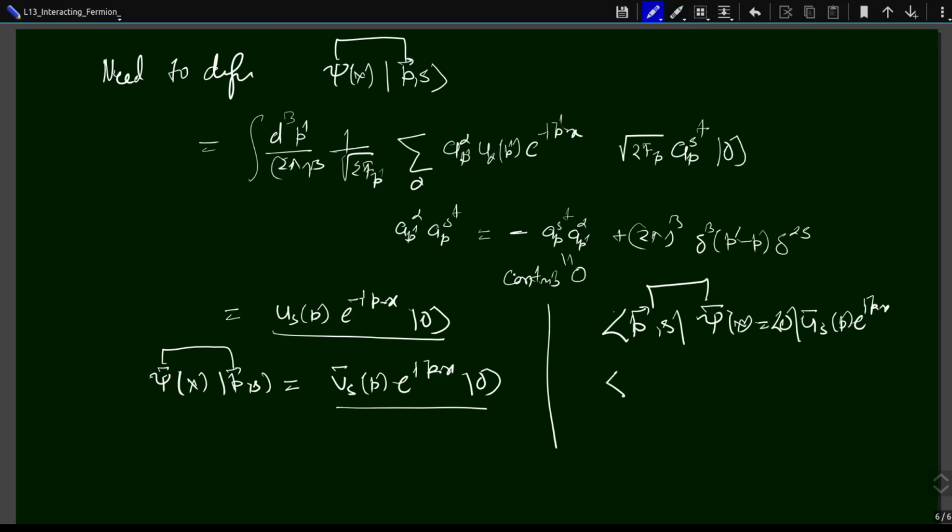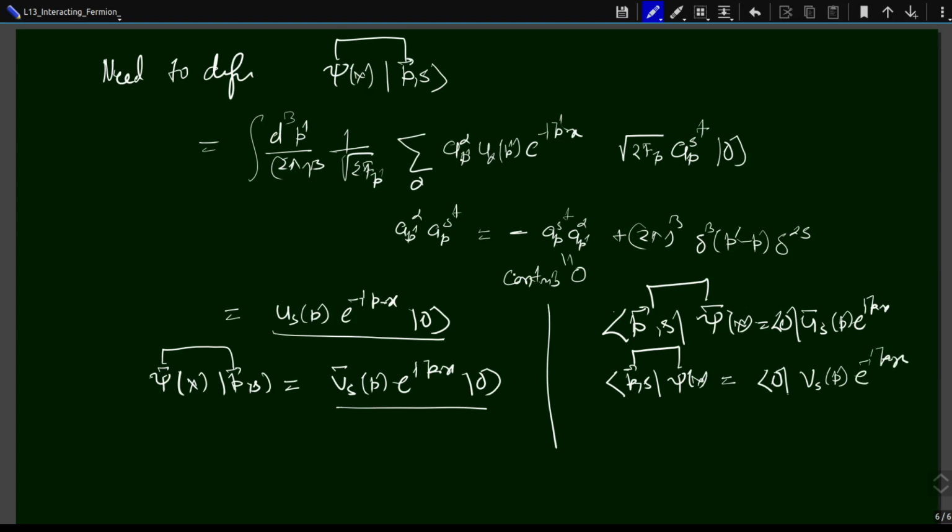Okay, and if I have P S, where p is the momentum, S is spin, psi of x acting on that, that will be the vacuum times v of S p, exponential minus i p dot x. Okay, so these are all the contraction rules with the vacuum.